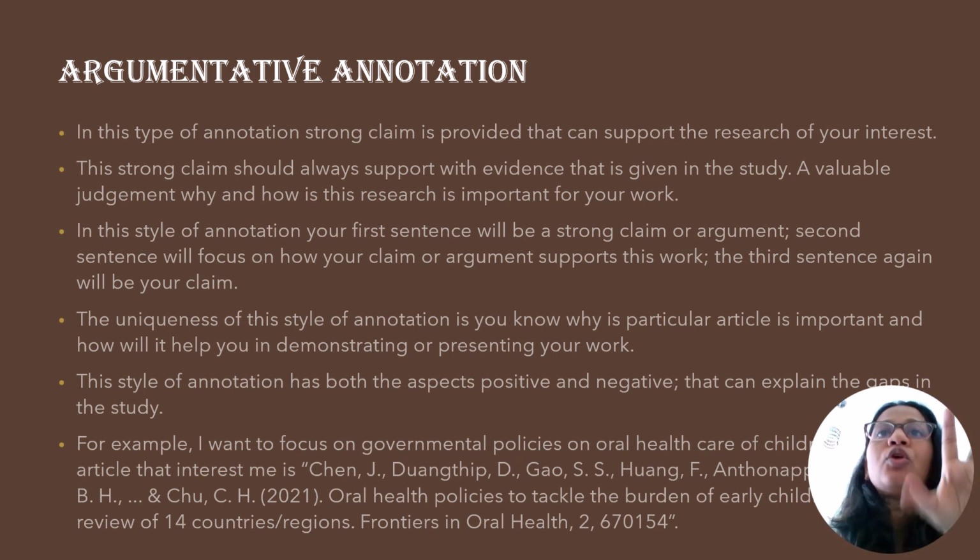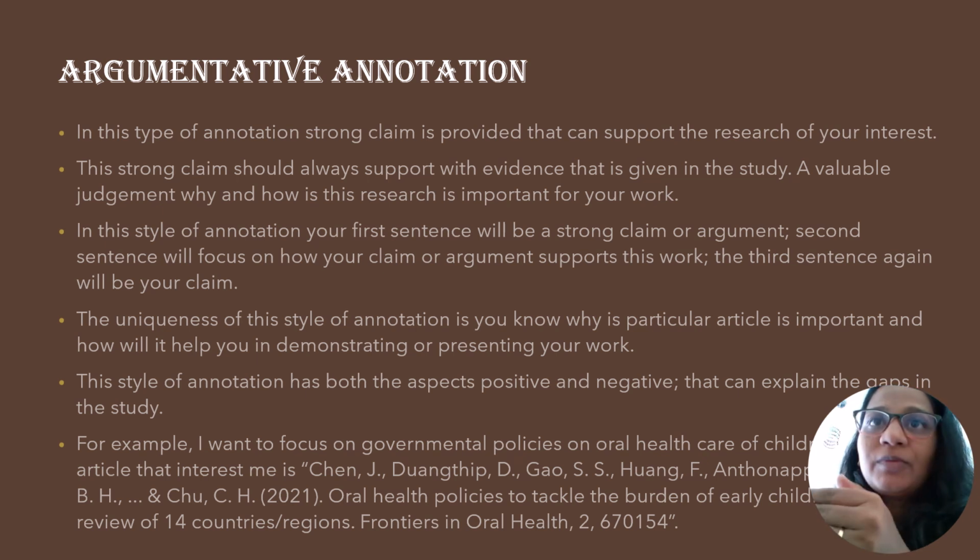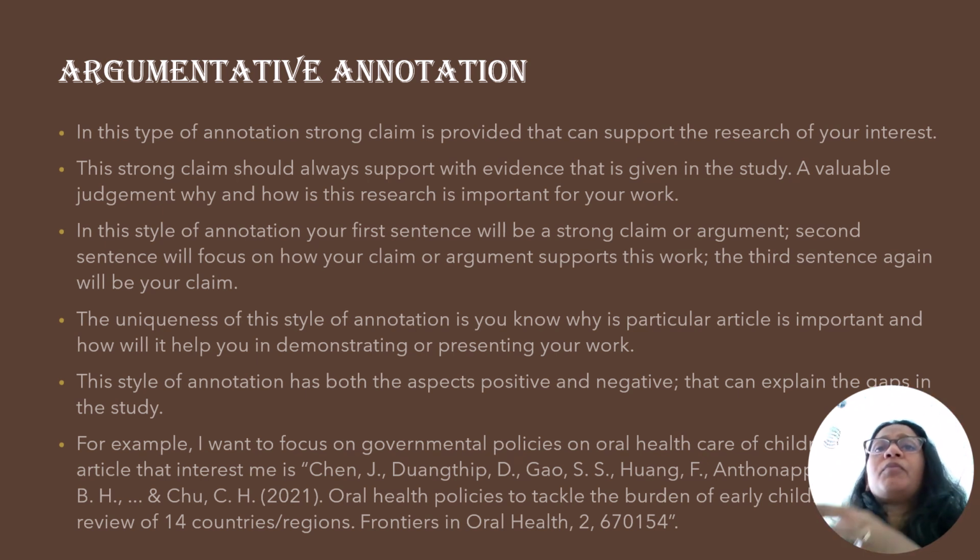You have to show your reader that you know the importance of the particular research, and you will make a strong claim with the support of evidence. You will support it with the evidence and will give a valuable judgment of why this research is important and how it is important for your work.